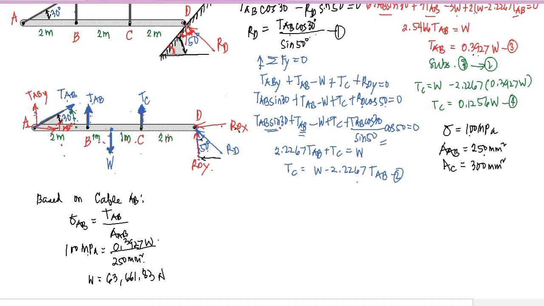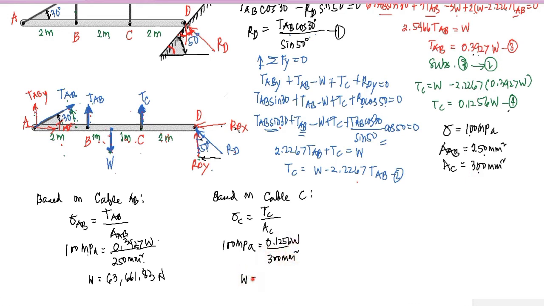Now, if we are going to base on the cable C, we have here the stress at cable C is equal to the force at cable C over the area of cable C. Since the stress is limited to 100 megapascal and the TC from our equation 4 is 0.1256 W over area of cable C, that is 300 mm square.